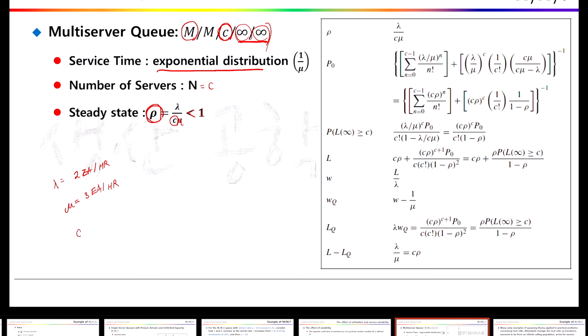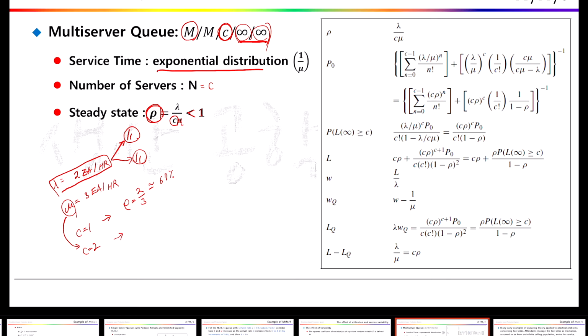If the number C equals 1, then utilization is 2/3, roughly 60-70%. But if this machine is increased to 2 machines, then in this case these arriving entities are divided into 2 servers.